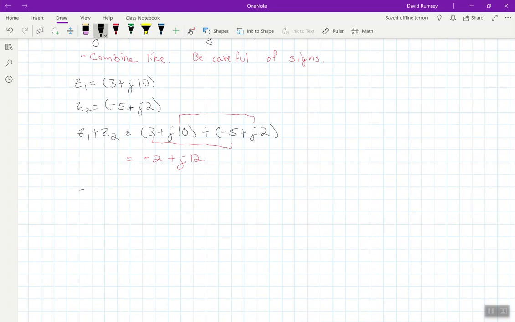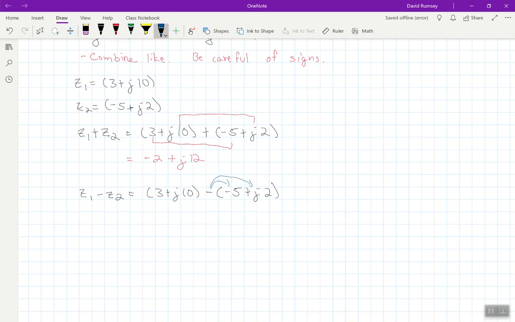Now, when we do subtraction, we have to be a tiny bit careful with our signs. If we have Z1 minus Z2, we would have 3 plus J10 minus negative 5 plus J2. And when I say be careful with the signs, just remember the distributive property: that negative distributes into both of these.